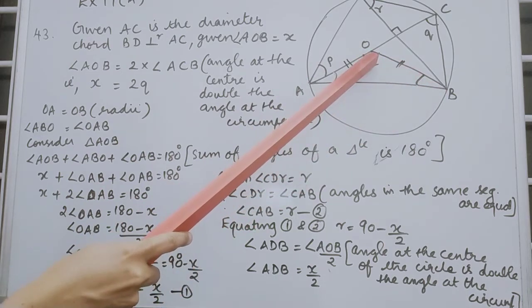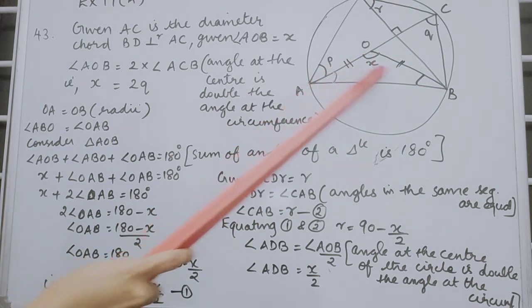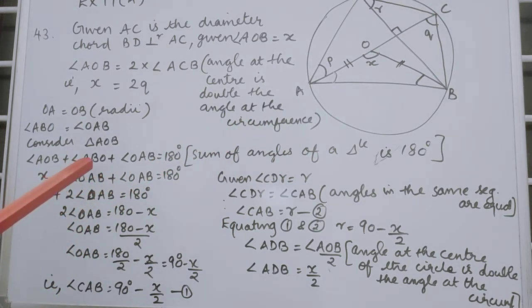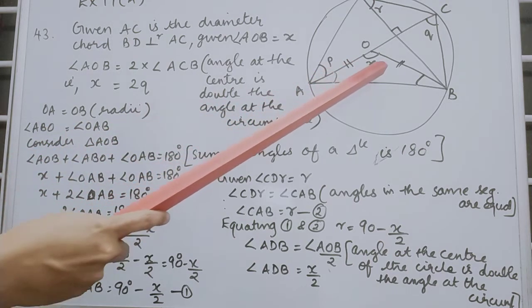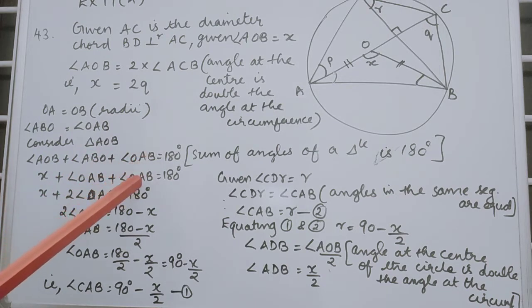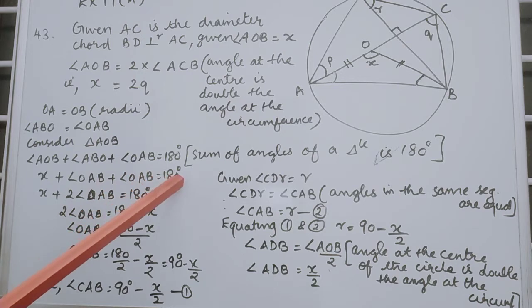AOB is X. Now we proved these two angles are equal, so instead of ABO we can write OAB. Opposite angles will be equal, so we can replace ABO with OAB itself.